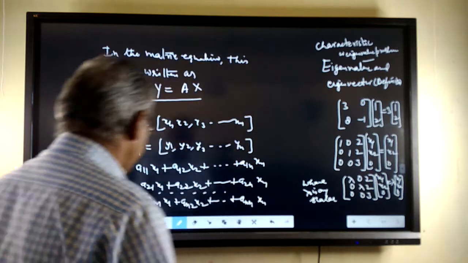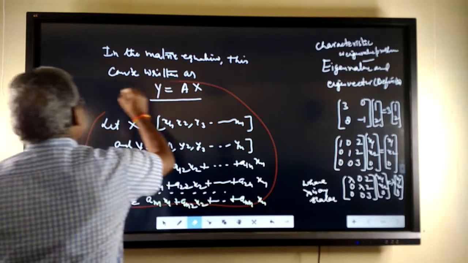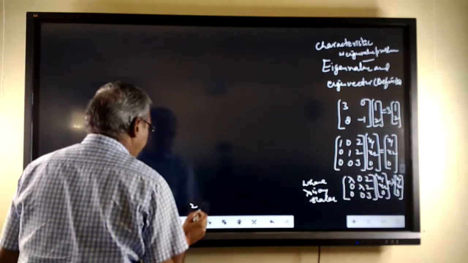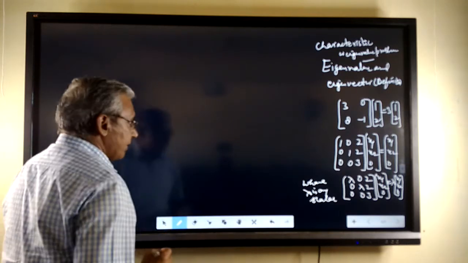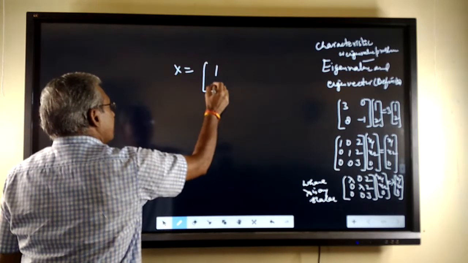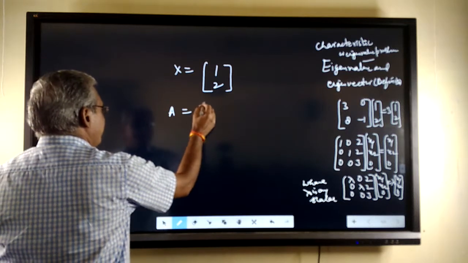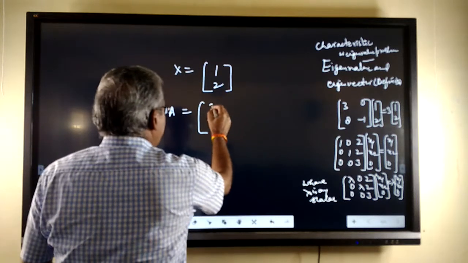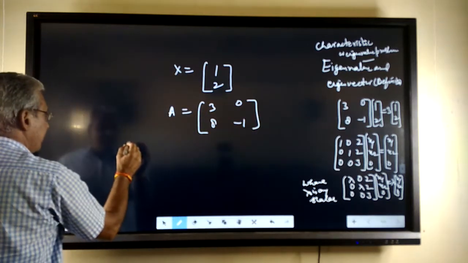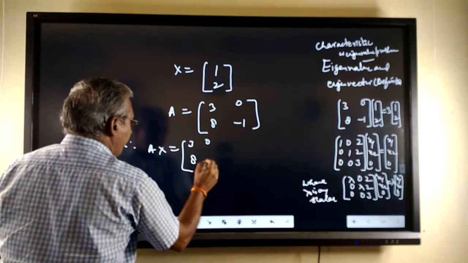For example, suppose we are taking x as the vector (1, 2), and the coefficient matrix A is [3, 0; 8, -1].